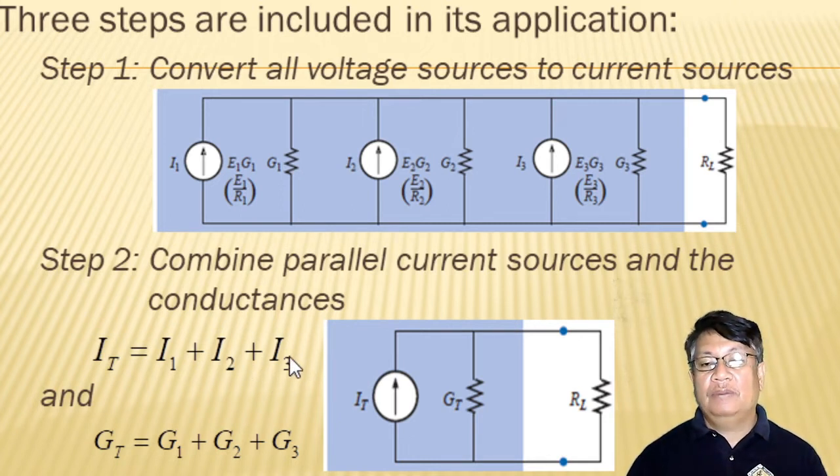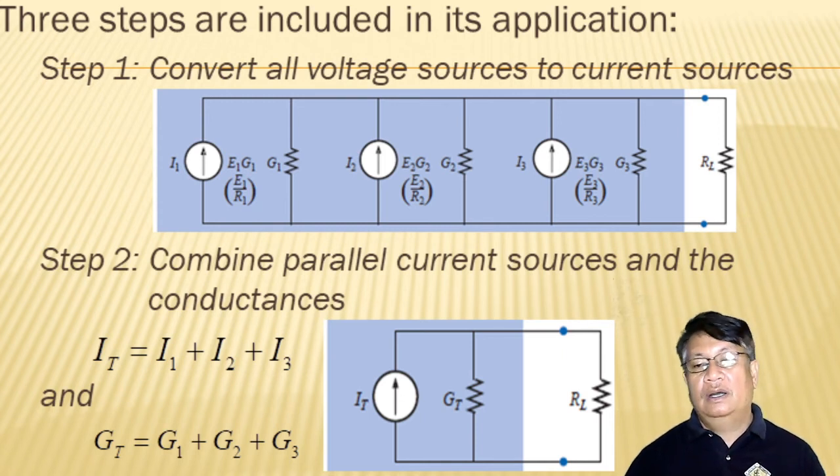Because they are connected in parallel, the current of individual sources is being summed up. With regards to the conductances, our total conductance is simply equal to G sub 1 plus G sub 2 plus G sub 3. That is your total conductance.